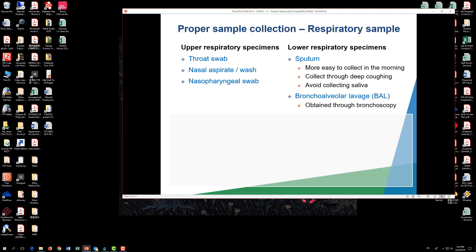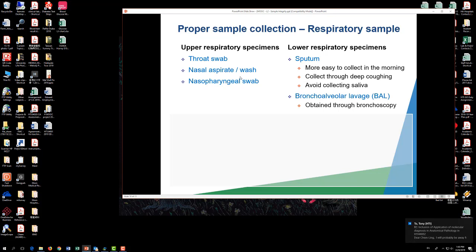It is divided into two types. One is from the upper respiratory tract, and the other from the lower respiratory tract.